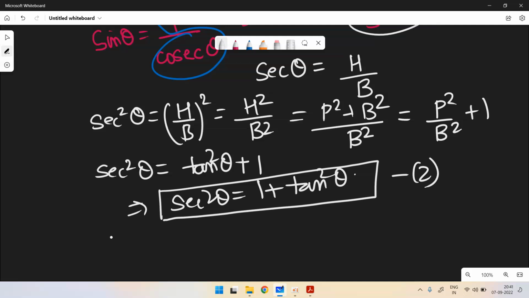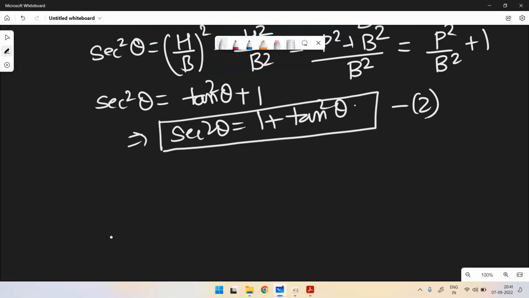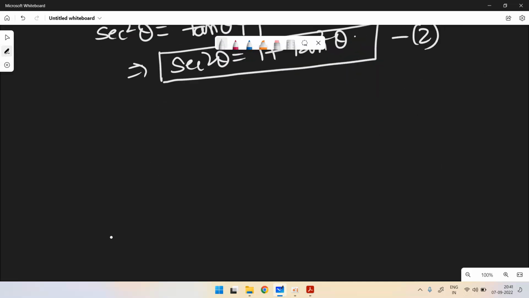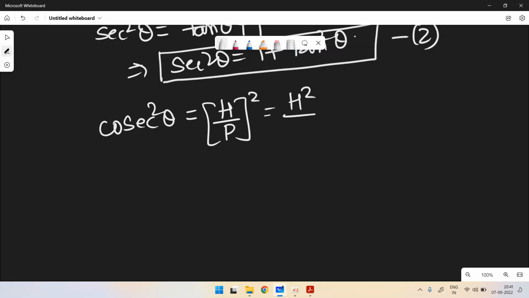Now third. Is there any more? Yes, you have seen sine theta, cos theta, secant theta and tan theta, but you haven't seen cosecant theta and cot theta. Okay sir, cosecant theta and cot theta. Yes sir. So how will we calculate the derived relation? Say cosecant square theta is the inverse of sine theta, and sine theta is perpendicular by hypotenuse, so this will be hypotenuse by perpendicular whole square, which is h square by p square.